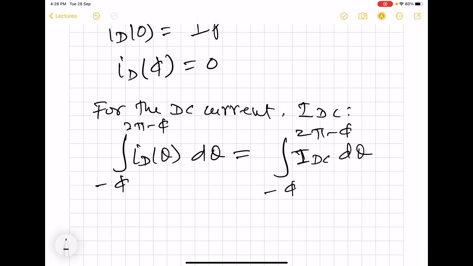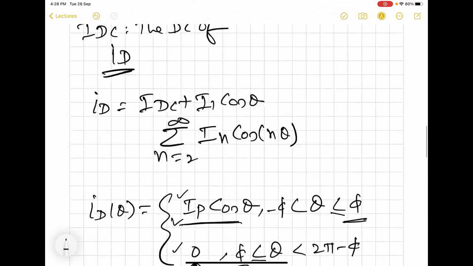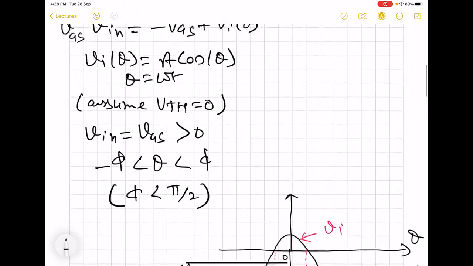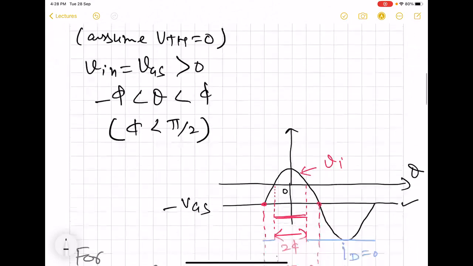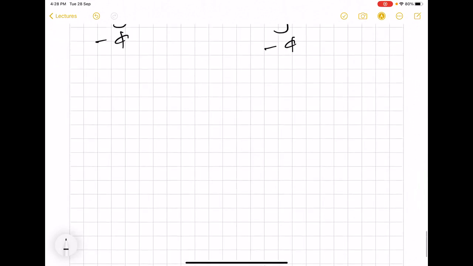So we are carrying out this integration for the Fourier component equation that we had written here, this equation 1. If you take the average, then only the DC component will survive.